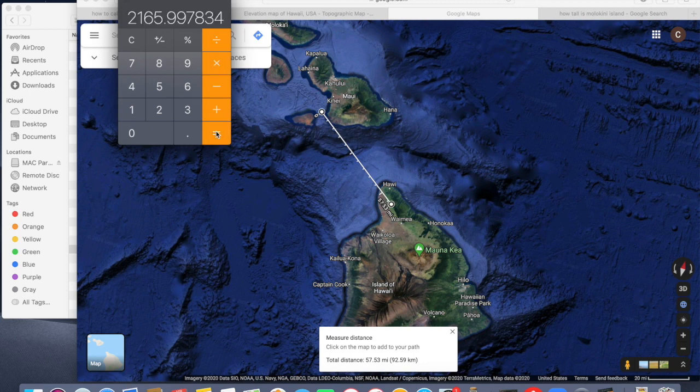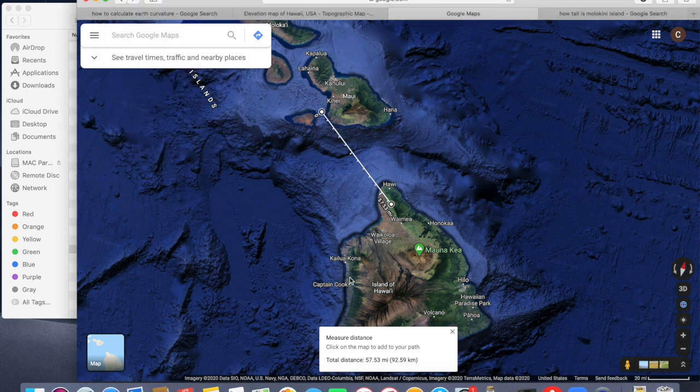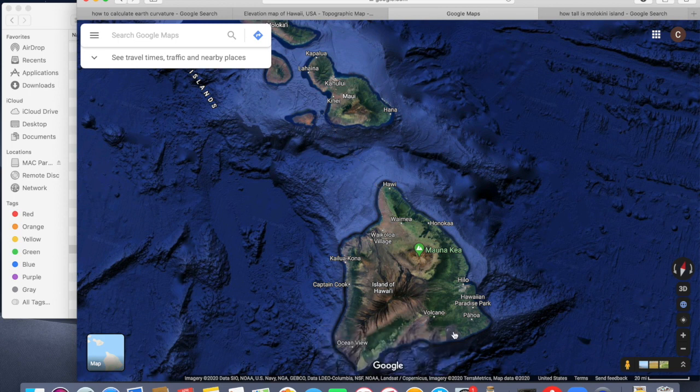We get 2,165 feet of curvature, which is not an impressive number to clarify my point here, because I'm actually standing over 2,500 feet. Okay, so sorry to disappoint people at this moment, but it's good to show you the difference. It's good to show you what I got.